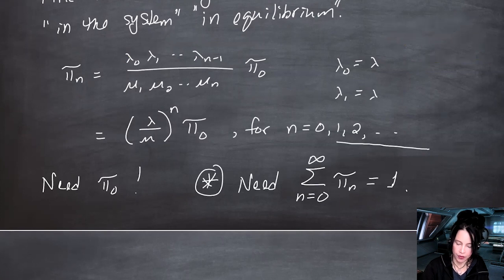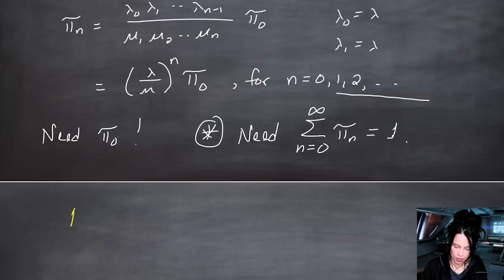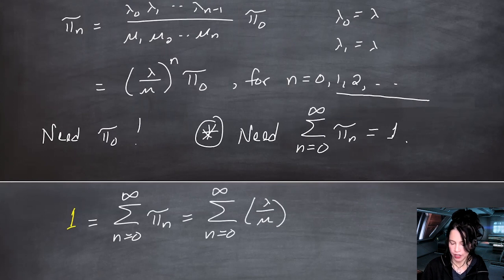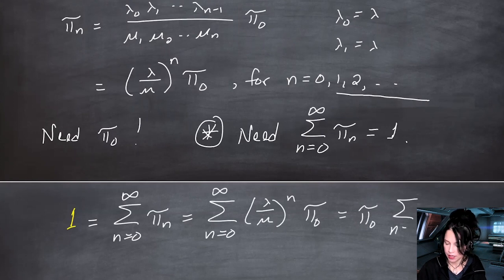Okay, so I'm going to say that 1 is equal to the sum as n goes from 0 to infinity of pi n. And we have a formula, the sum from 0 to infinity of lambda over mu to the n times pi 0. And I'm going to pull that constant pi 0 out. And we have something that looks like a geometric sum.